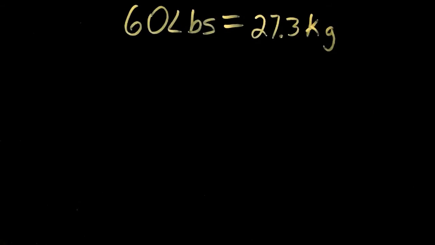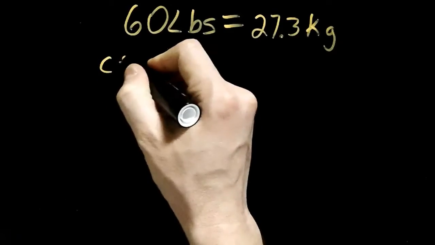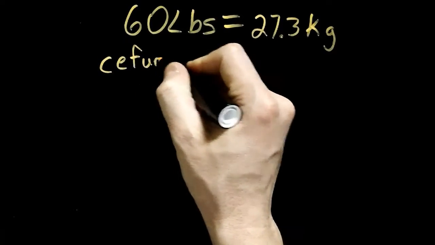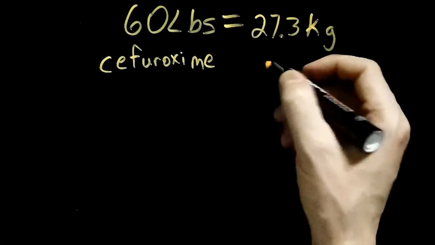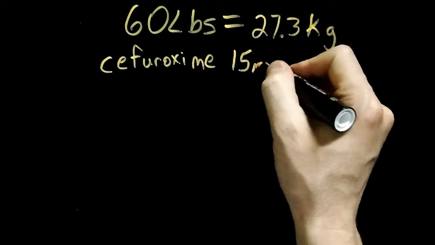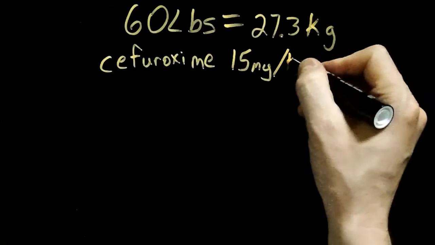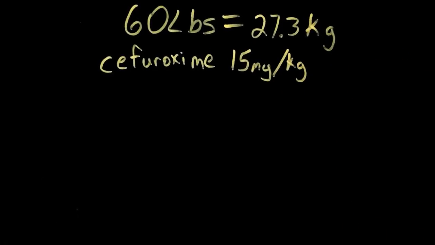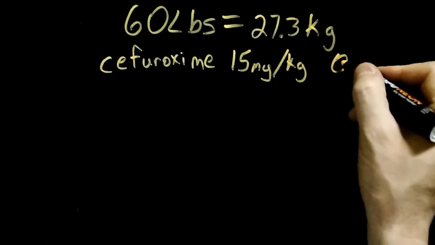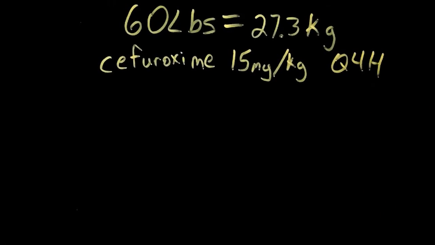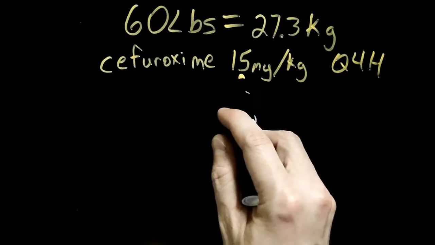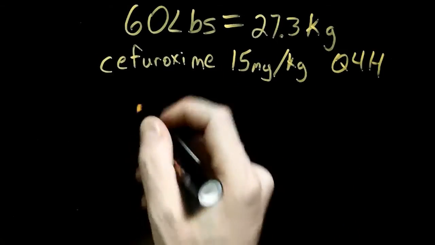Now the question reads that we have cefuroxime, and it was 15 milligrams per kilogram, or 15 mgs per kg, and it's going to be Q4 hours. So what I need to do here is multiply 15 times 27.3.